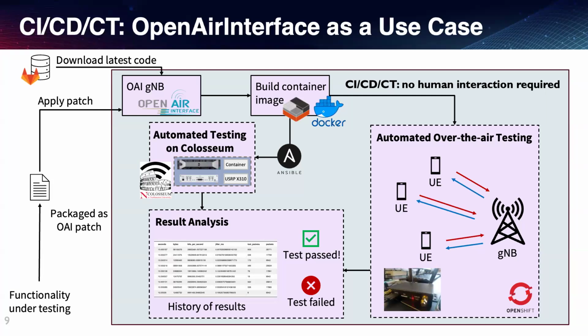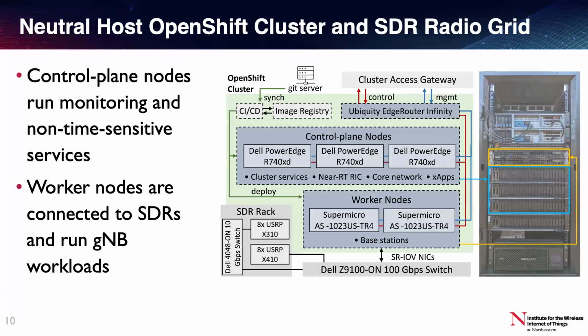All of this is abstracted and simplified, but at a high level, the diagram of the infrastructure when we run this looks like this. We have some servers that are controlled through OpenShift, and some of them act as control plane nodes.